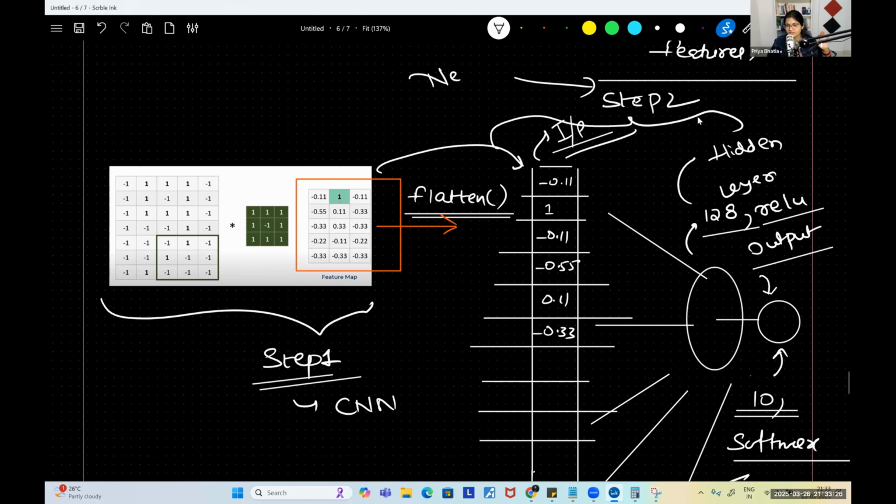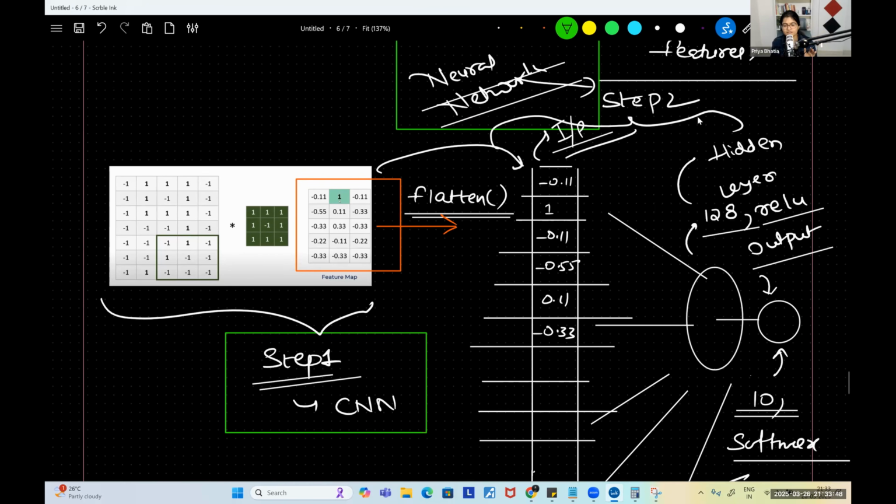So whatever study you have done so far with respect to neural networks, how feed forward propagation works, backward propagation, updating of weights, optimizers, loss functions, the complete case study will be the same. No difference. So I am expecting that you are pro in this. What you didn't know was this, and today I have explained it to you. That's the whole idea.